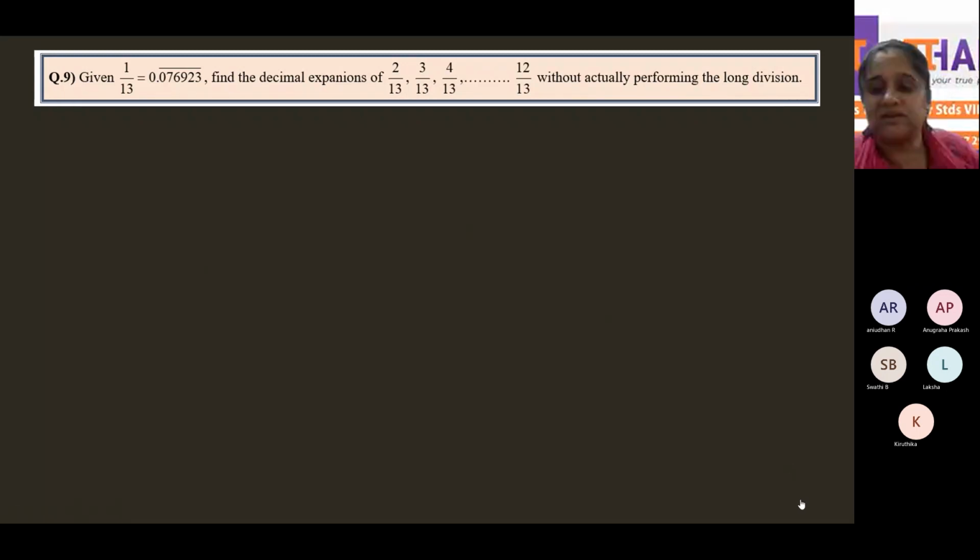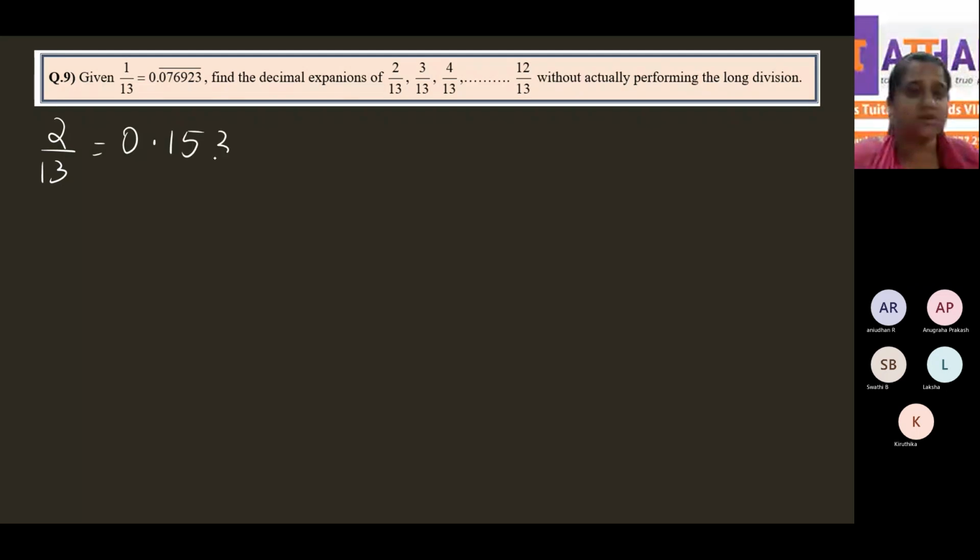Yeah, children, it's time to see the answers. Yes, Bhavishya, what was 2 by 13? 0.153846 recurring. Okay. Roshni, 3 by 13.